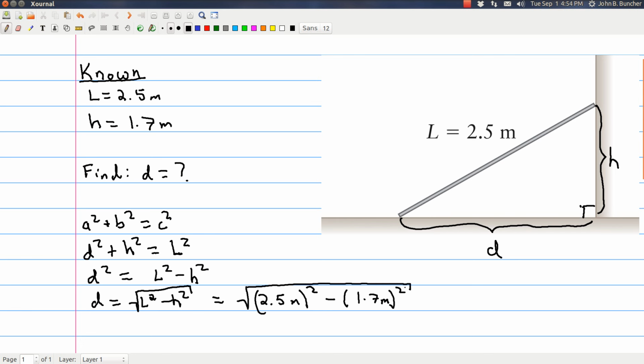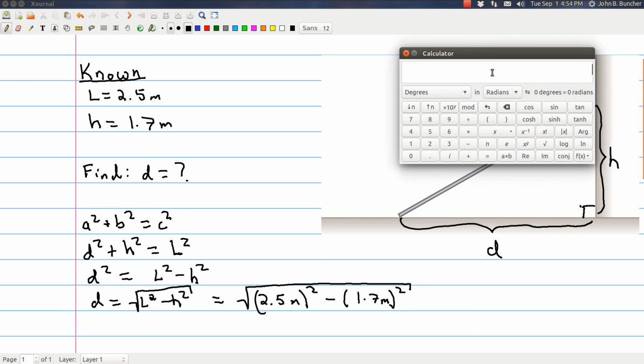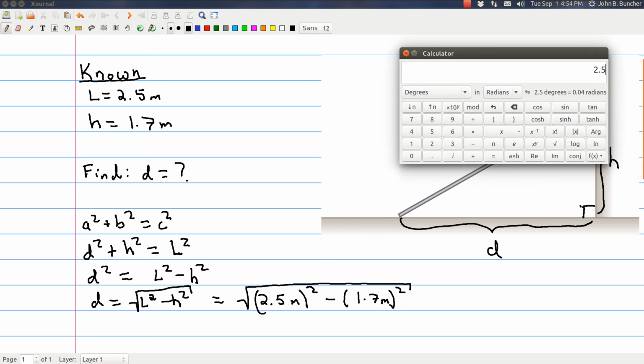So we bring up our calculator, and then we can say 2.5, and we're going to square that, and we're going to subtract 1.7, and we're going to square that.